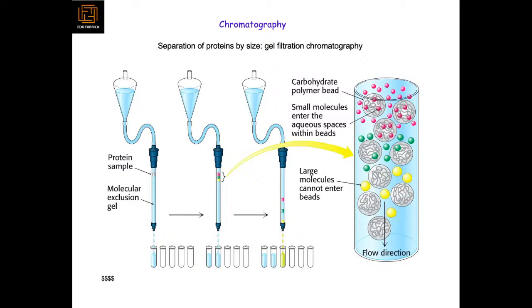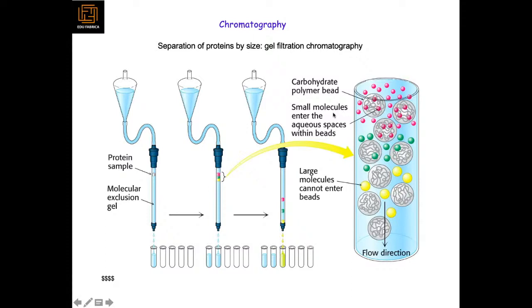In this, you put your protein sample and at the bottom is your molecular exclusion gel. With time, you will see carbohydrate polymer beads, and the protein molecules that you want to separate. The yellow ones are the bigger ones, green ones are the middle, and the red ones are the smallest.